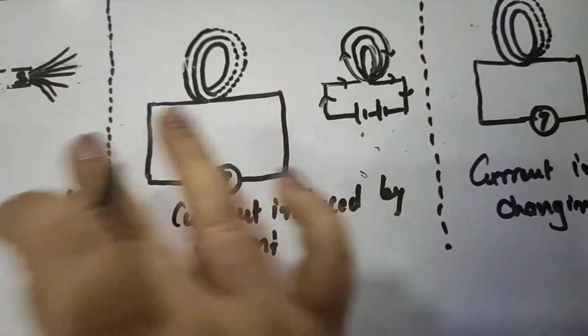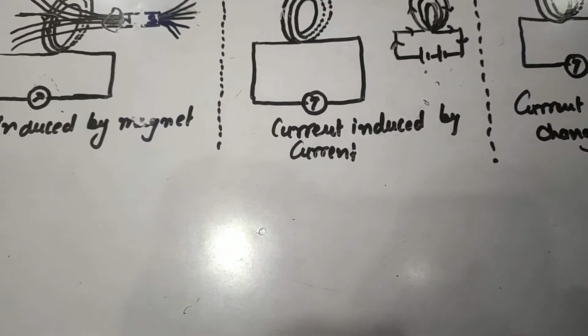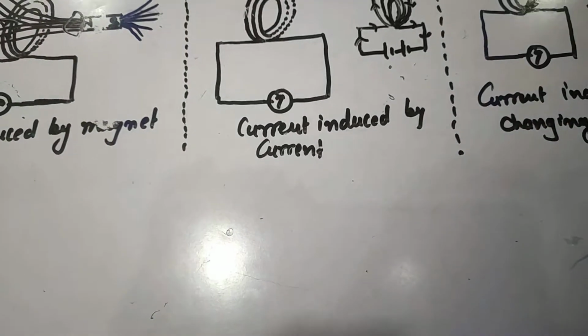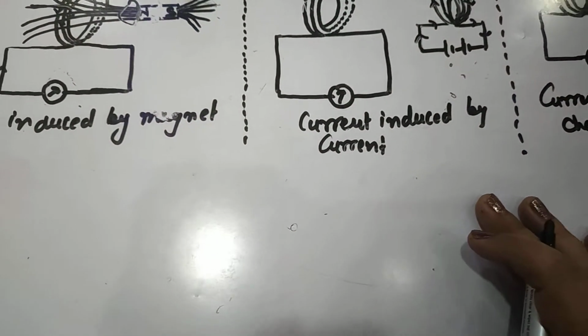So from all these experiments we come to know that whenever the magnetic flux linked with the coil changes, the current or EMF is induced, which is the basic cause of electromagnetic induction.